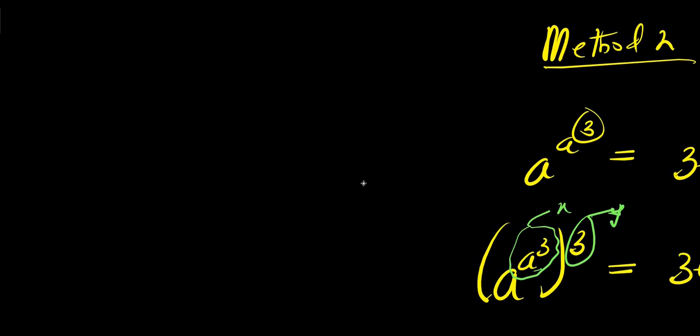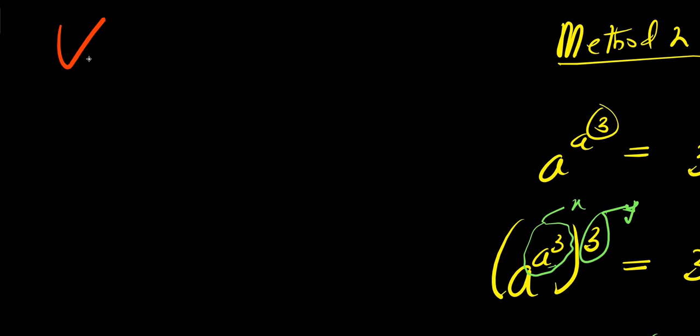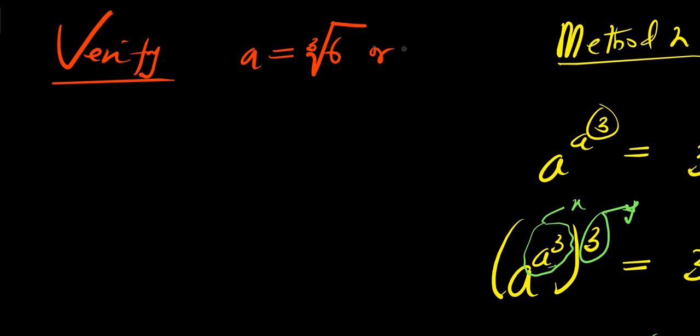Now we can verify our solution. a is the cube root of 6, which is 6^(1/3). a^3 equals 36.